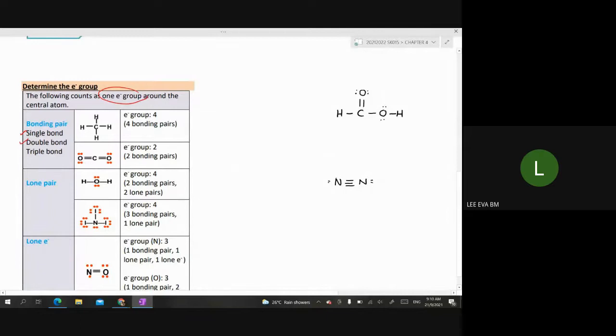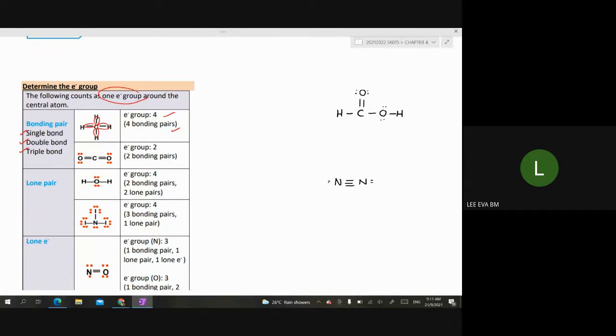Double bond, even though 2 line, is also 1 pair. Triple bond is also 1 pair. So over here, if you look at the first one, CH4, we have 1, 2, 3, 4, 4 bonding pair. That means 4 electron groups. 1 pair, 1 group. 4 pair, 4 groups.